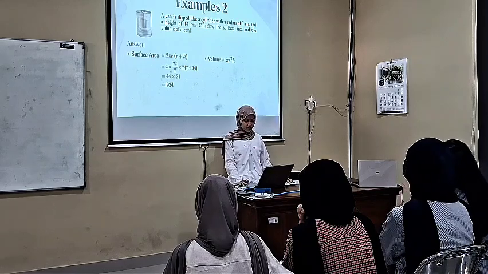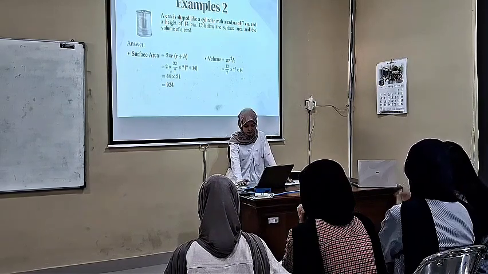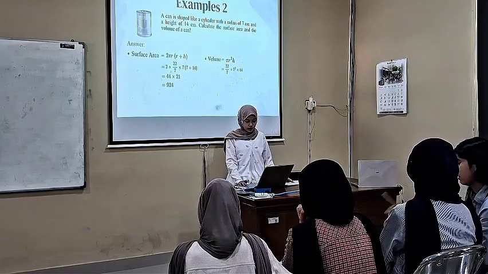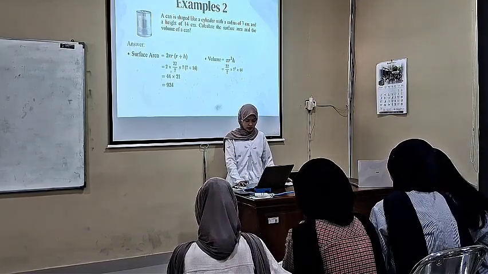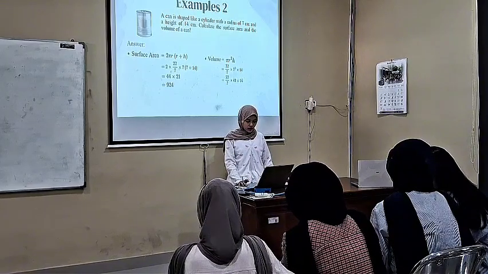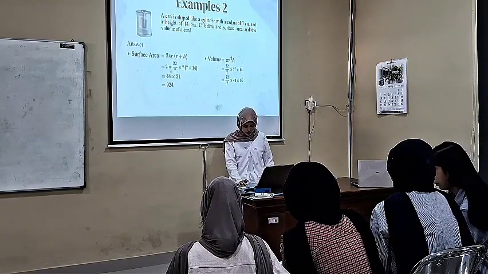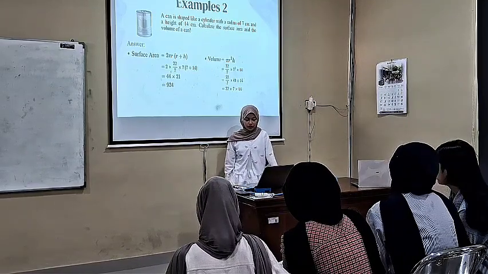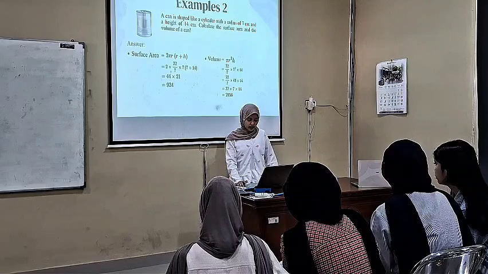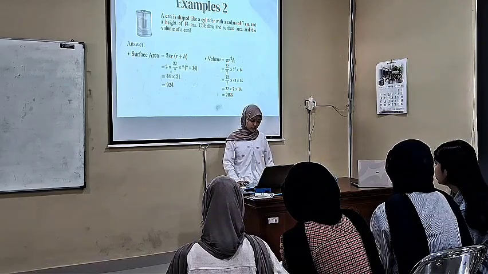The volume is pi times r squared times h. 22 over 7 times 7 squared times 14. 22 over 7 times 49 times 14. 22 times 7 times 14 is 2156.